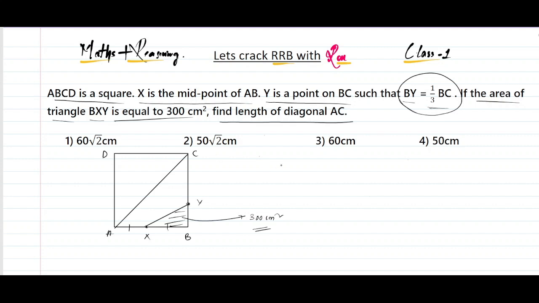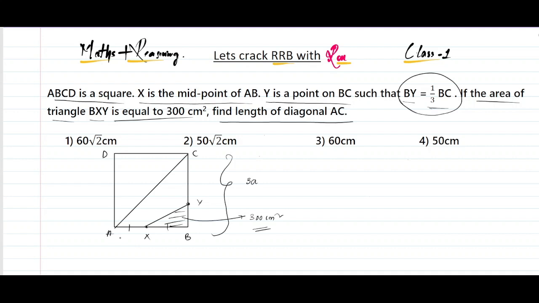For example, let's say if I assume BC length as 3A centimeters. See, 3A centimeters, I'll get BY as 1/3, right? So I'll get A centimeters. In a square all sides are equal, right? If this is BA, this AB also will become 3A and X is midpoint, so I'll get AX as 1.5A, right?